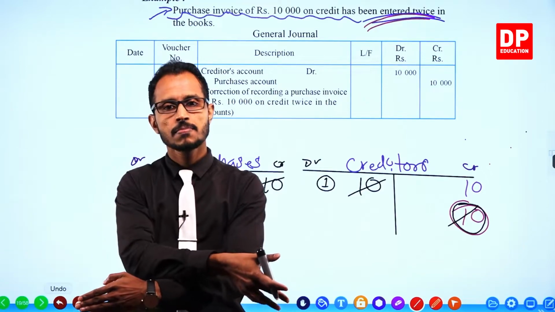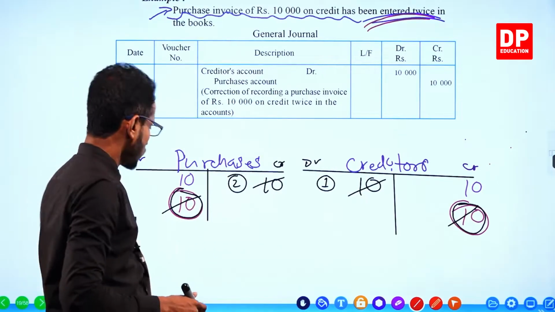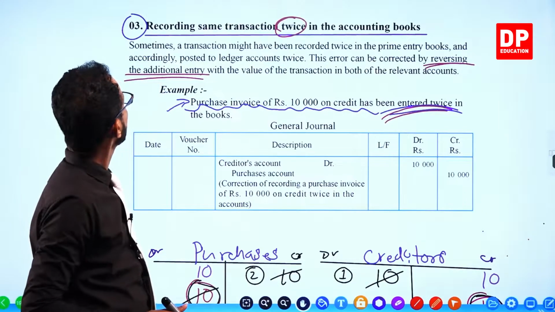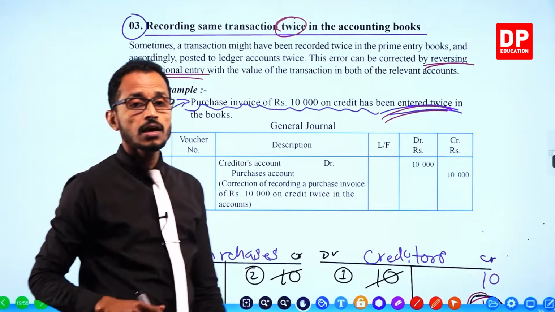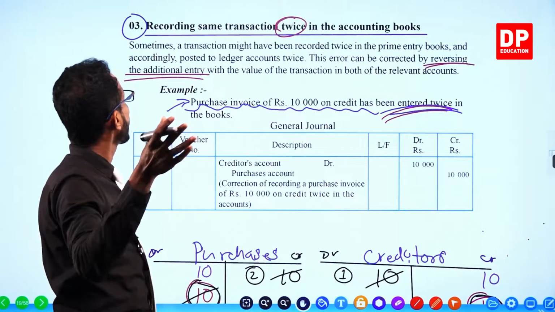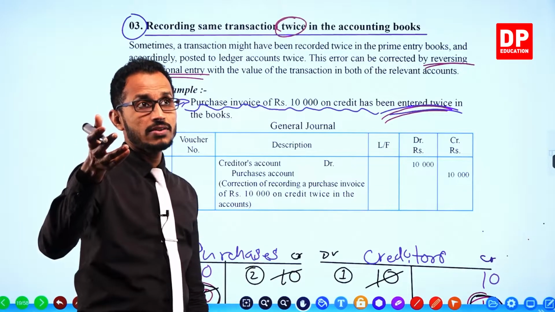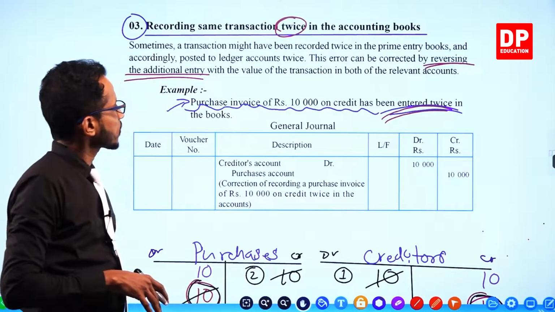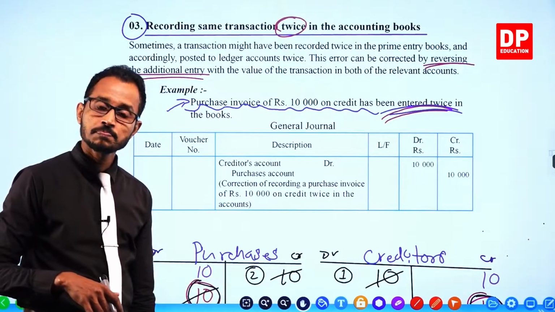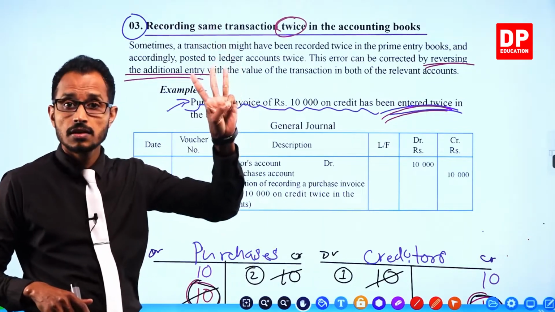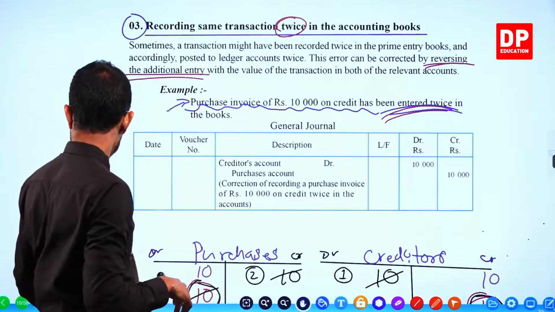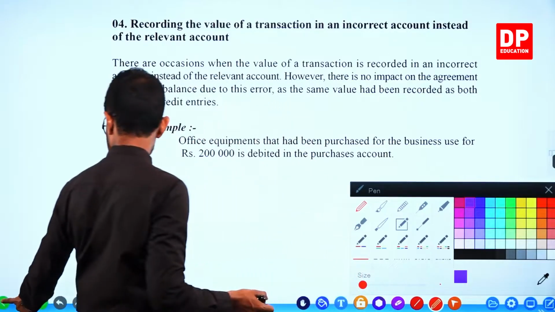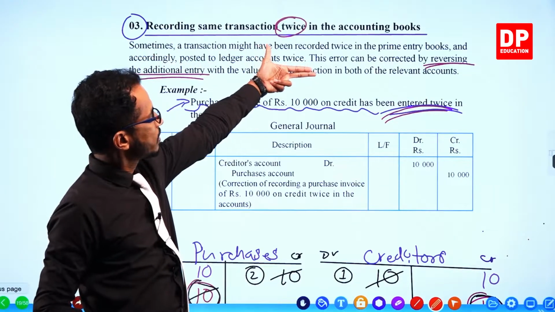You reverse. Okay. Right. So this is the final error which we have in the first category, which are the errors which do not affect the trial balance. Only 3. No, there's another one. There you go. So this one, we are already done with this.